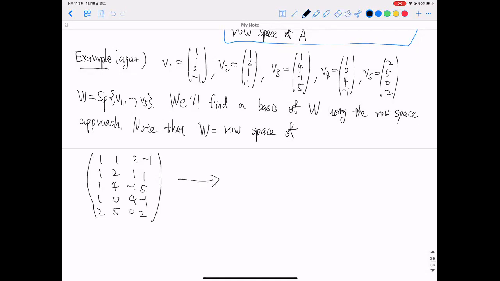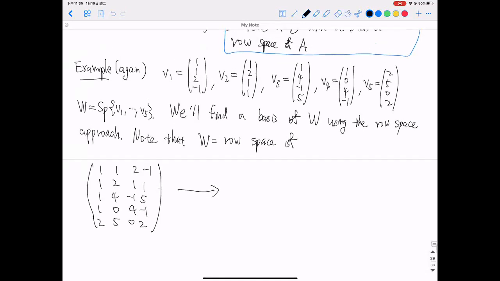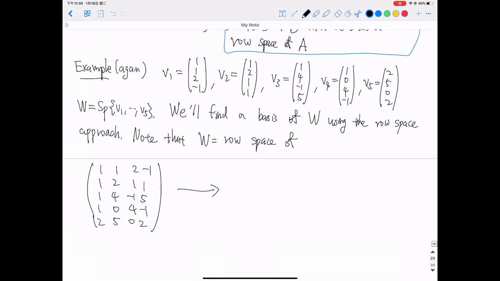Now, as we've explained in the method above, what we need to do now is to use row operations to get to reduced row echelon form. And I'll spare you the detailed calculation because that will take a while. The final answer will be like that.